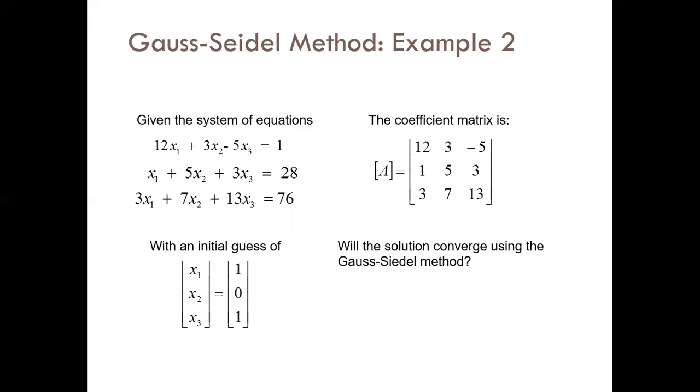The coefficient matrix is 12, minus 3, minus 5; 1, 5, 3; 3, 7, 13. With the initial guesses of x1, x2, x3 equal to 1, 0, 1, will the solution converge using the Gauss Seidel method? Means solve this simultaneous equation by using the Gauss Seidel method with the initial guesses 1, 0, 1.